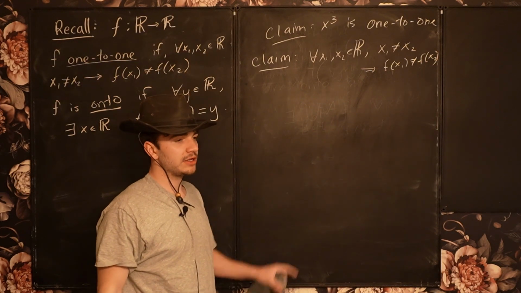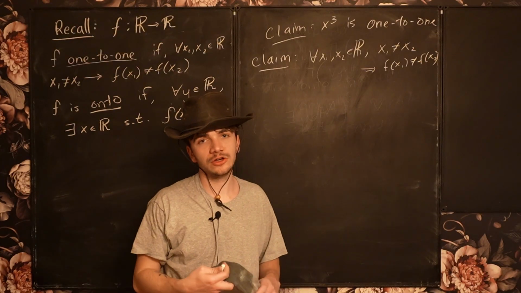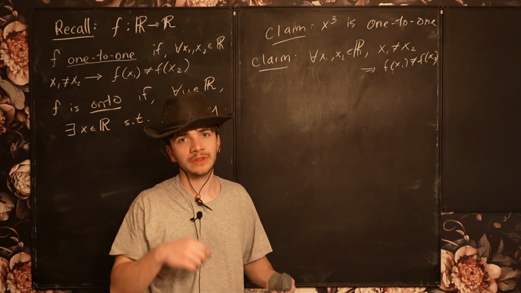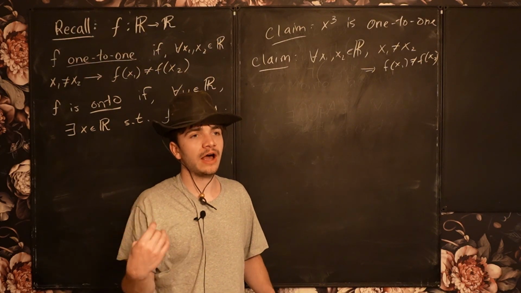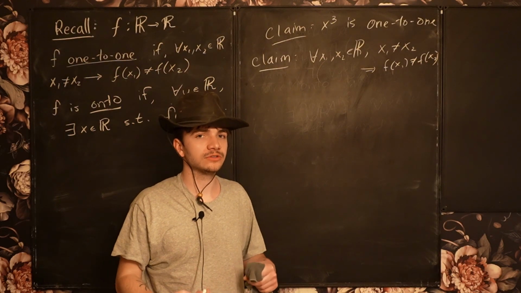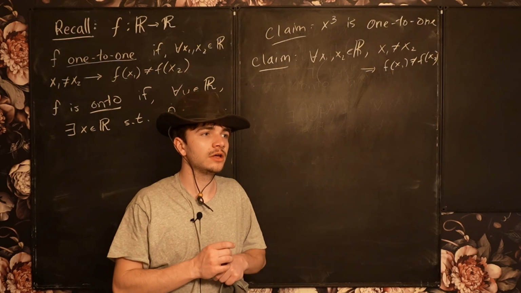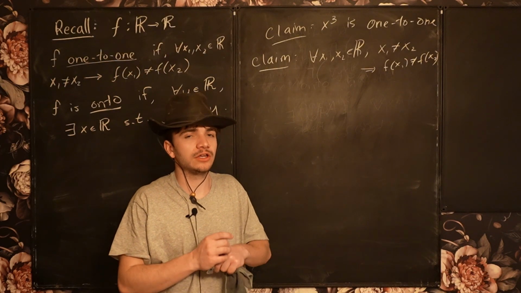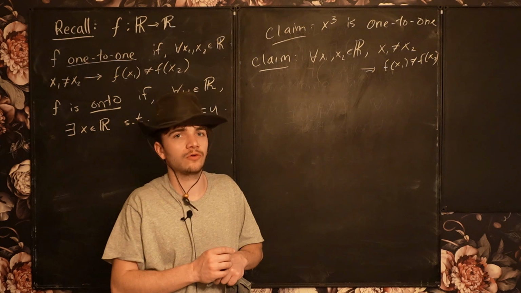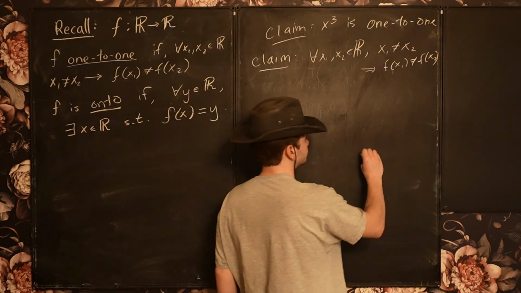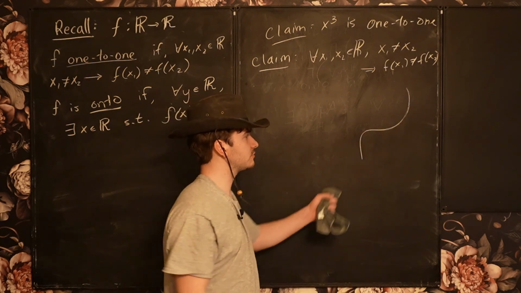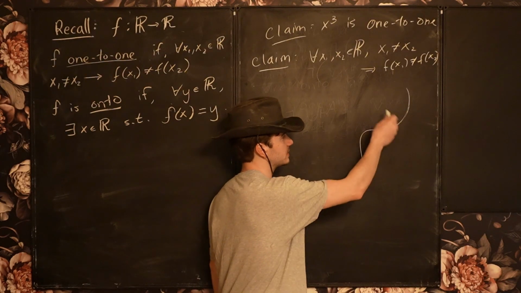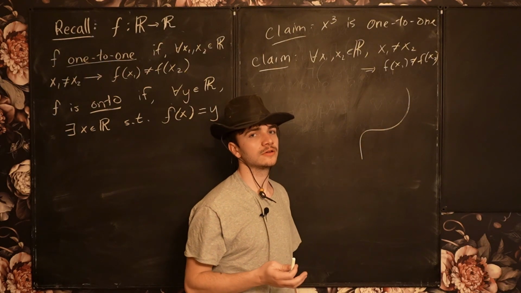To show this claim, I'm going to use an interesting fact about x cubed, which is monotonicity. And this fact that f of x equals x cubed is strictly monotone is actually kind of the intuitive reason why it passes the horizontal line test. So the reason why this function passes the horizontal line test is because it's strictly increasing.